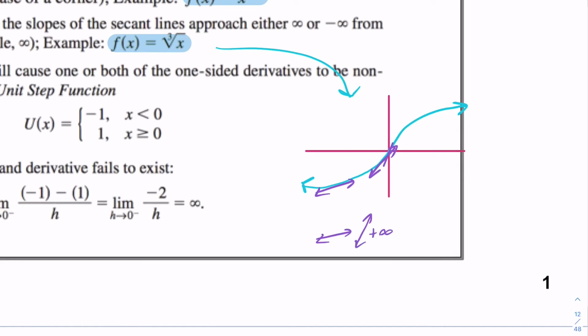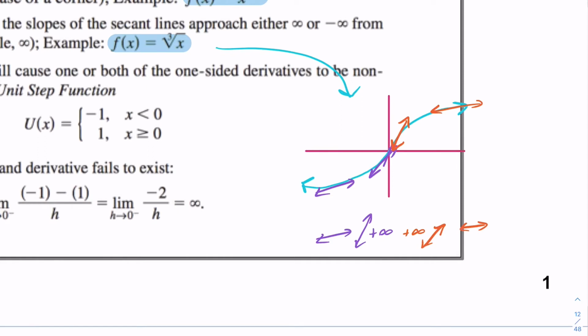And coming from the other side, it's still kind of positive, and it starts to go like this. From the other side, it's coming in like this, and then it does this. And what you notice is they both look like they're approaching positive infinity, even though I'm going from the left to the right, and then the right to the left.